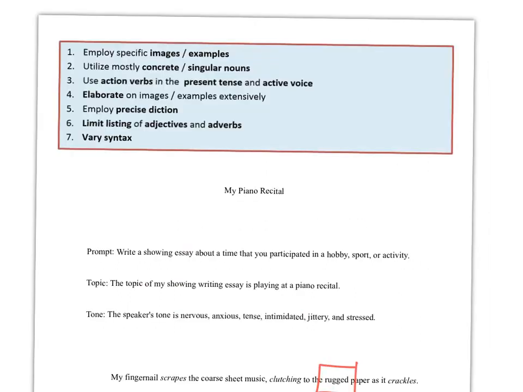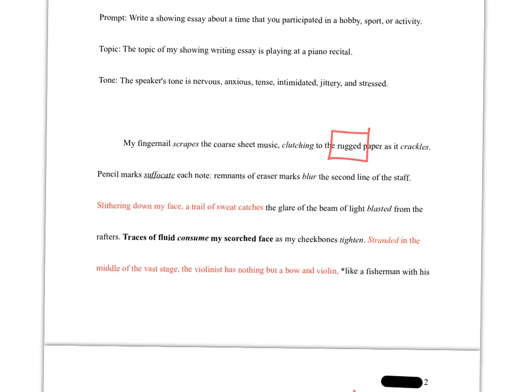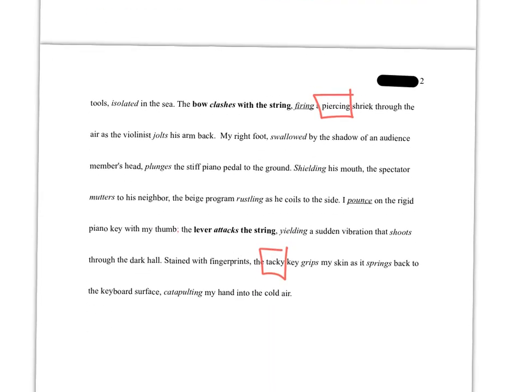Another feature you're asked to practice is really limiting your listing of adjectives and adverbs. But instead, again, this goes back to diction, choosing the right adjectives. And instead of relying on adverbs, maybe using an animated or active verb. And so in these sentences, again, the writer does a really effective job. You see adjectives like rugged, adjectives like piercing shriek, tacky, key grips.